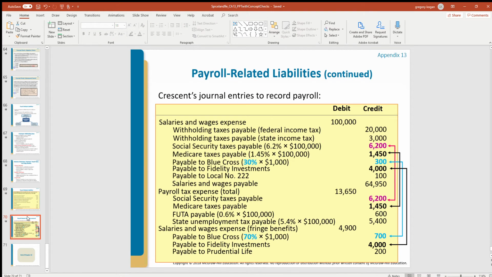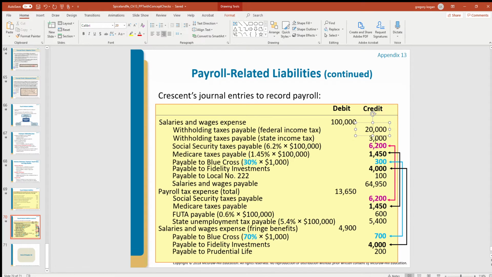So when you look at the calculation, let's see here. They debit salaries and wage expense, right? And what they credit is withholding taxes payable, federal income tax, state tax, Social Security tax payable. Everything is a percentage of the 100,000 base, right? And they're crediting the payable because this is the expense, and then there's some withholdings that they're saying will be payable, and they're going to pay them later, right?